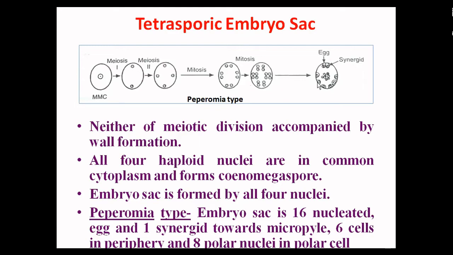Out of these 16 nuclei, 2 nuclei are grouped together towards the micropylar end to form the egg cell and synergid cells. 6 nuclei move towards the periphery, and after wall formation they form cells, and 8 nuclei are grouped together in the center to form the polar cell. This happens in the Peperomia type of embryo sac.